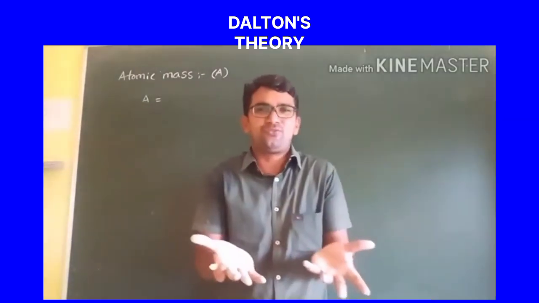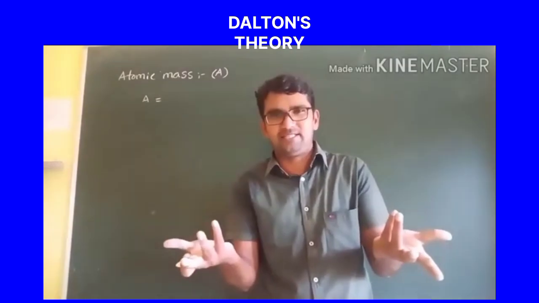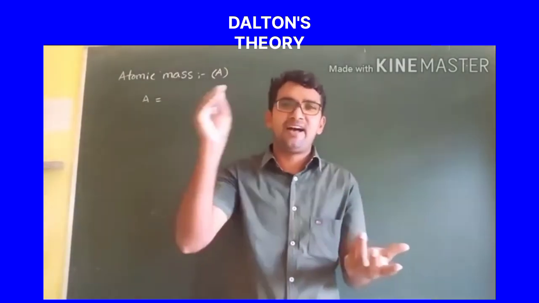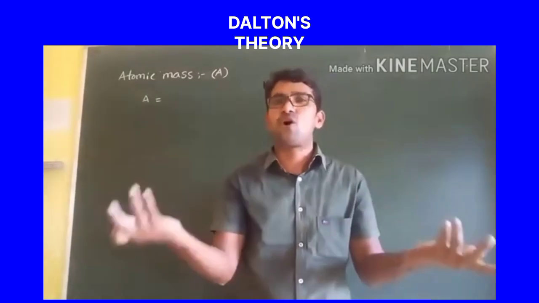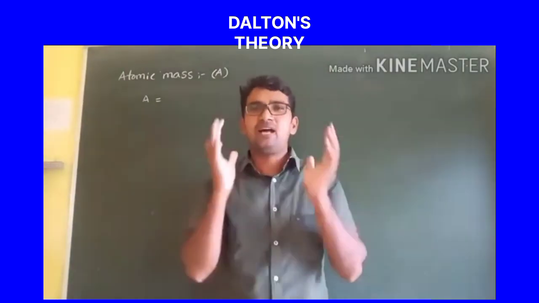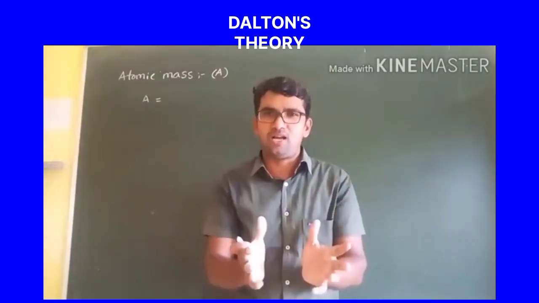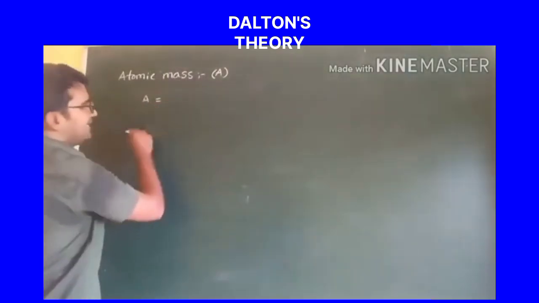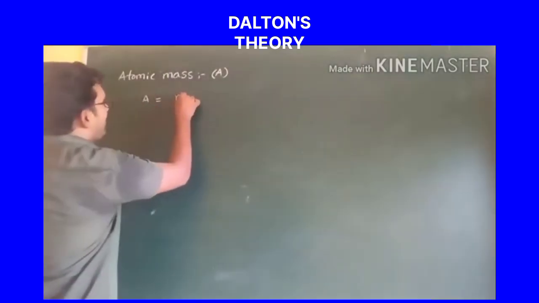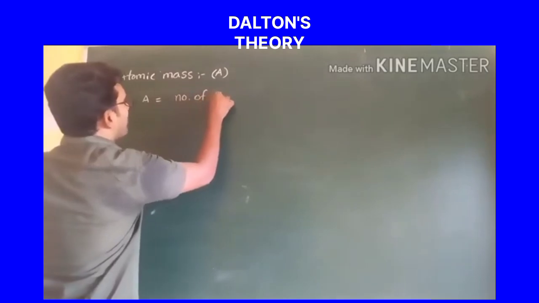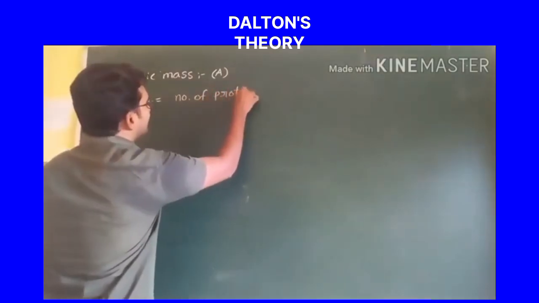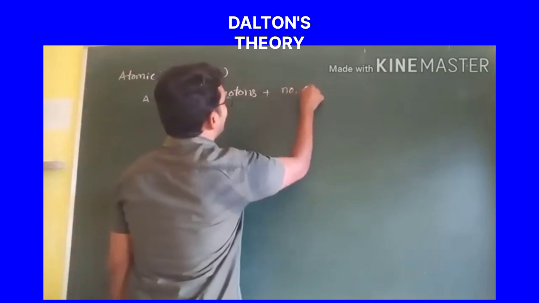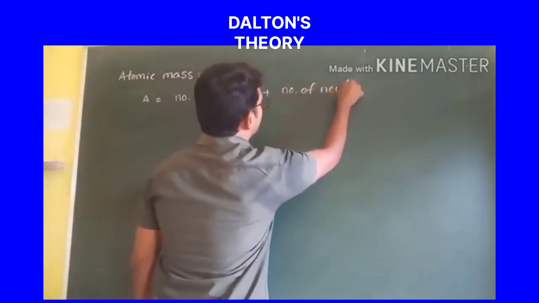What is the center of the atom? Nucleus. What type of particles are present inside the nucleus? Protons and neutrons. That sum value is called atomic mass. Very simple. A equals number of protons plus number of neutrons.